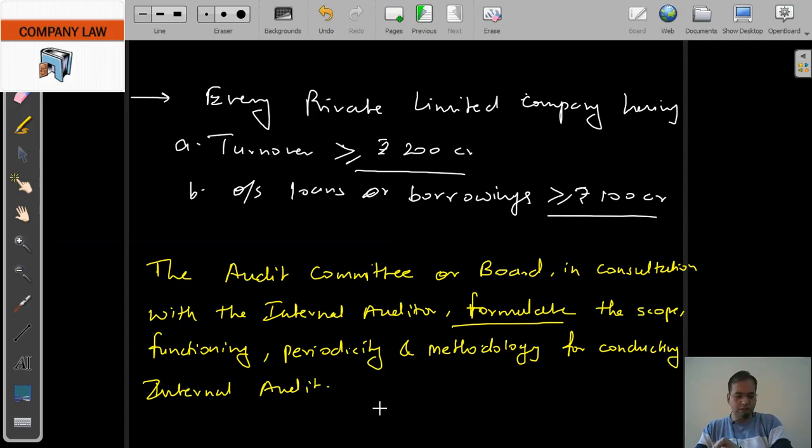Okay, so this is the task which is given to the audit committee or the board.